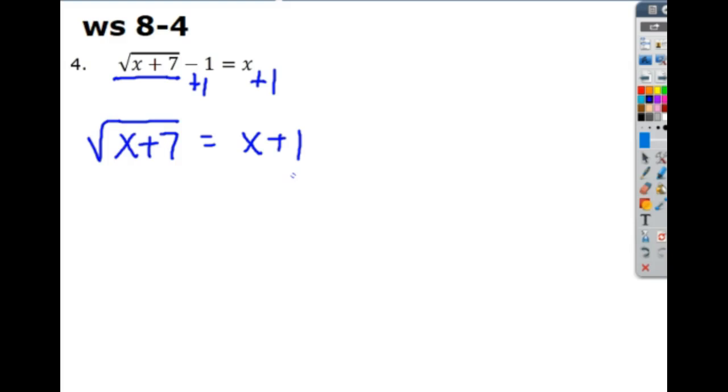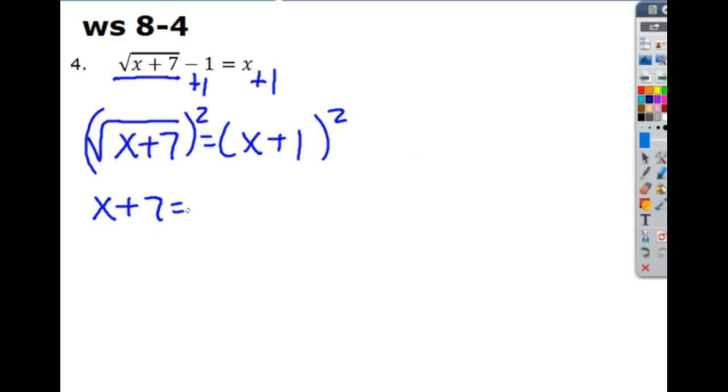Step 2 says to square both sides. You square both sides because the square and the square root cancel this out, and you have to have it out from under the radical sign to be able to solve for x.